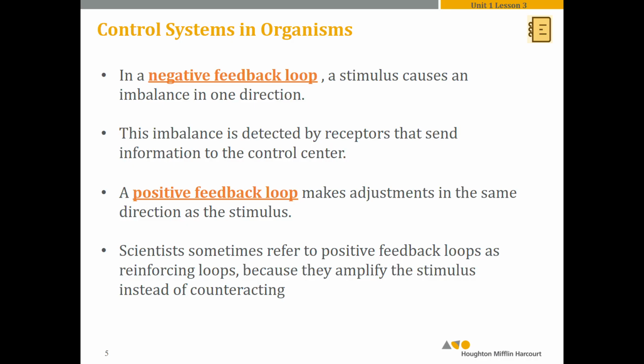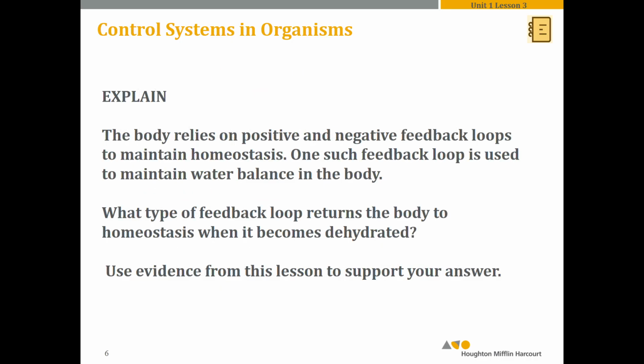So the difference here is that in negative feedback, the stimulus causes imbalance in one direction, but positive feedback will keep the adjustments in the same direction as the stimulus. Both positive and negative feedback loops combine to maintain homeostasis in organisms.